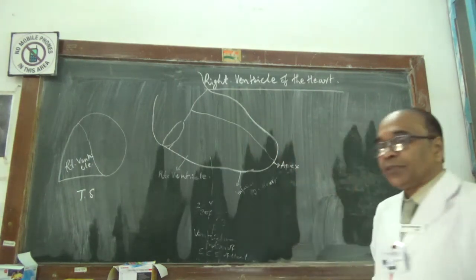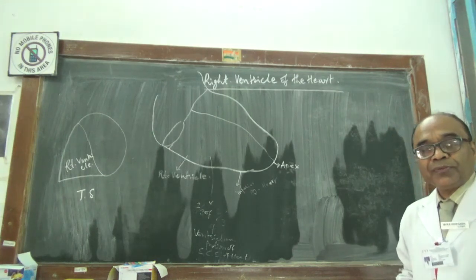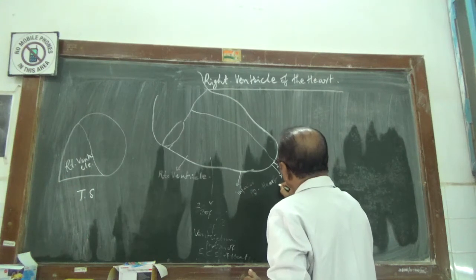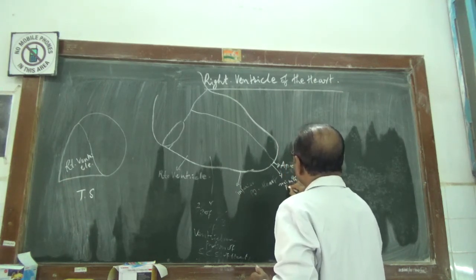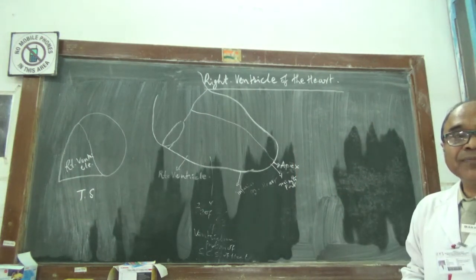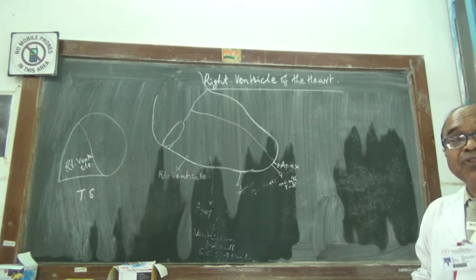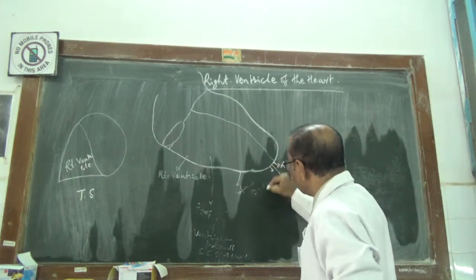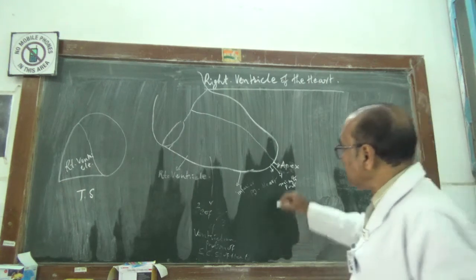This right ventricle even forms a very small, minute part of the apex of the heart, which is the ending portion.